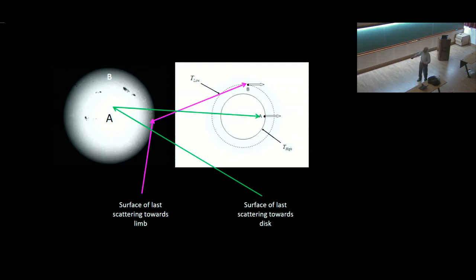Therefore, the limb of the sun appears darker simply because when you look at the limb, you're really looking at the slightly outer layers of the sun, which are cooler compared to this. So this explanation was first given by the great theoretical physicist and mathematician Carl Schwarzschild, whom I referred to in the first lecture. And the subject of radiative transfer, much of what I will say, began with this explanation.